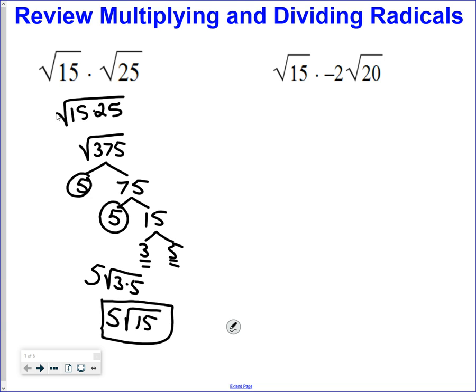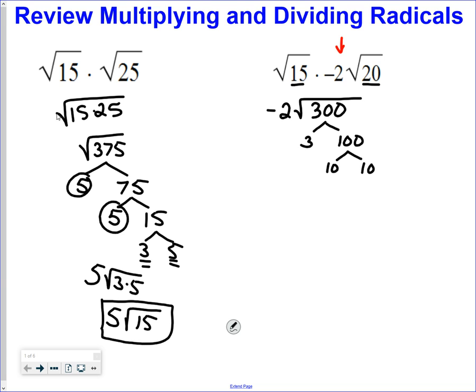Now, for the next one, please note this is outside the radical, and there's nothing else outside the radical, so just keep that out. And now both of them are under the radical, so I'm going to start by going 15 times 20, and that gives me 300. Okay, now we do the same thing we've been doing. I know 300 is 3 times 100. Remember, we're looking for matches. Now, if you remember, 100 is 10 times 10, which gives me a match.